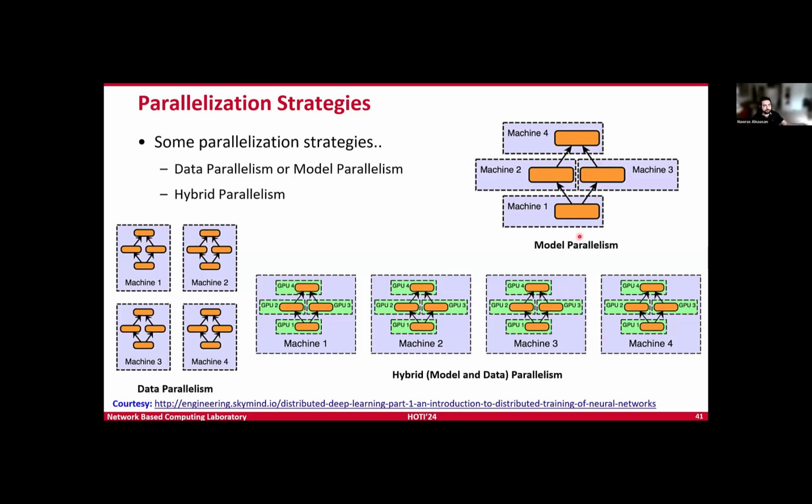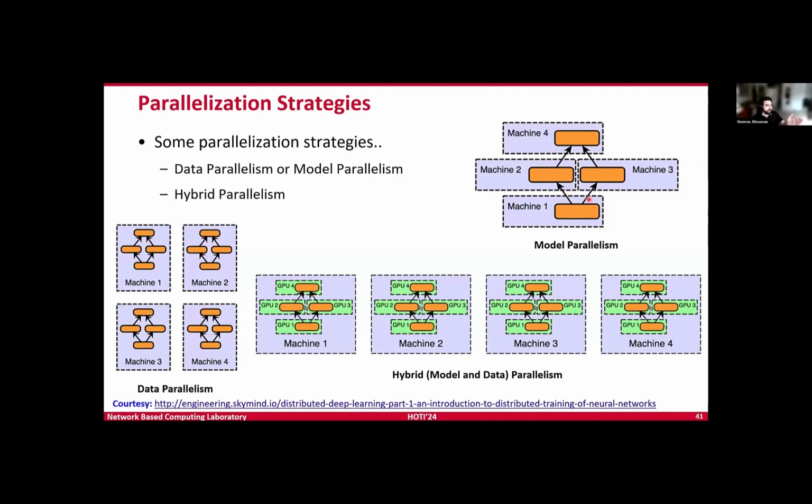Another method is model parallelism, where the model does not fit in the memory of a single GPU. That's when we need to split it across multiple GPUs or machines, so it could be a CPU or a GPU. As we propagate through the network itself, we also need to propagate through the participating machines, right?